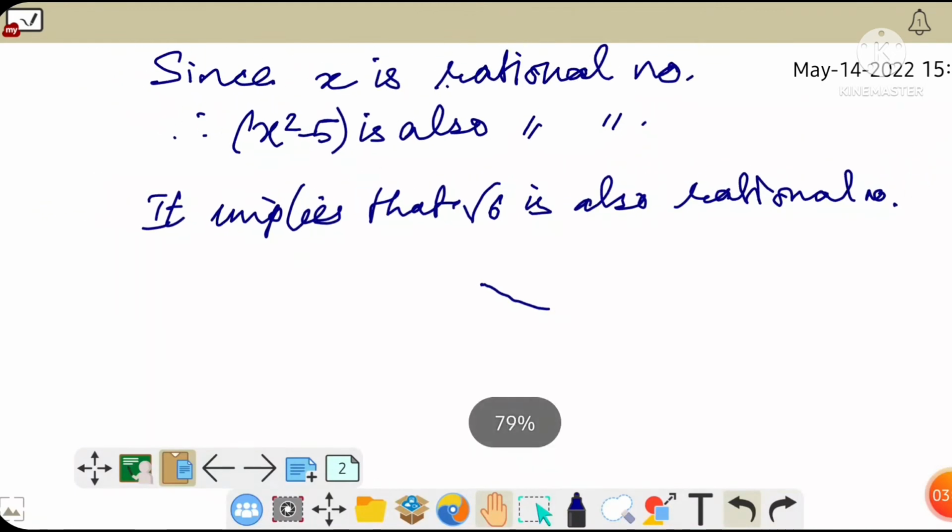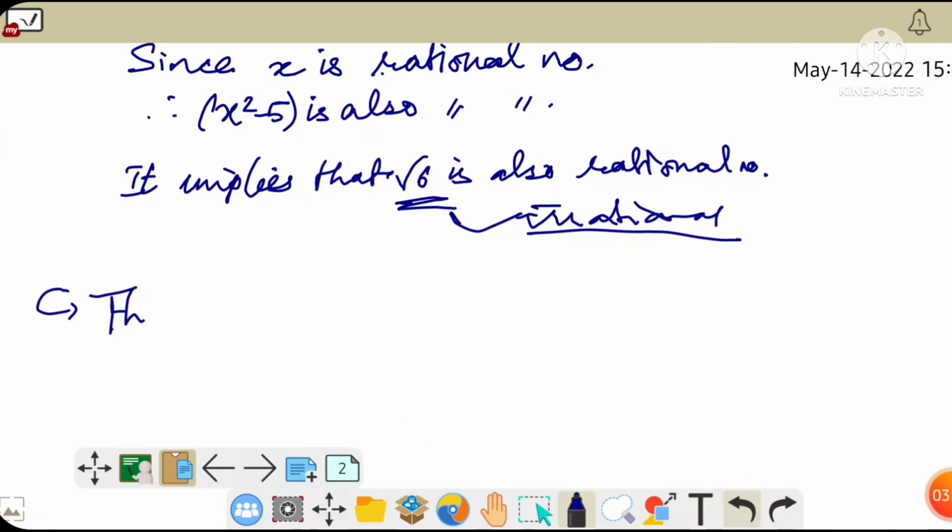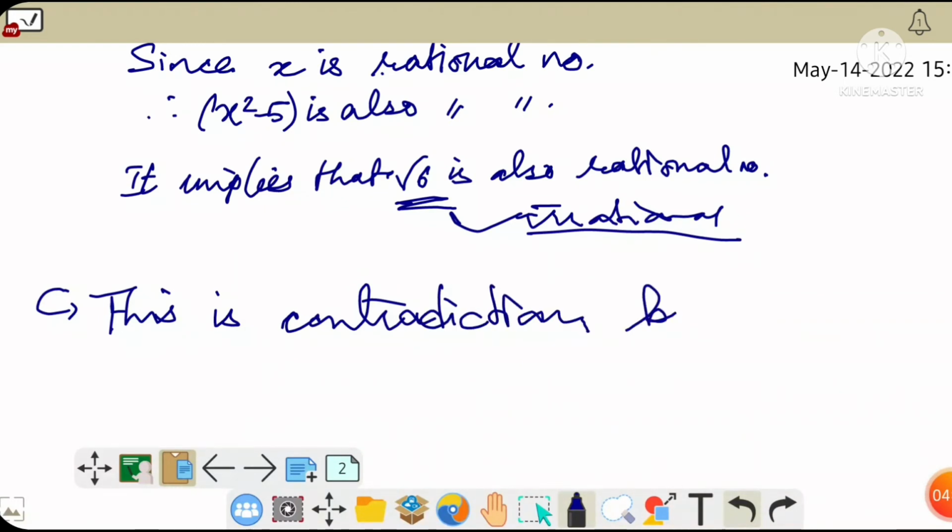It means that it is contradicting our statement. It contradicts our statement that root 6 is rational, since it is irrational. So we'll write, this is a contradiction, because root 6 is an irrational number.